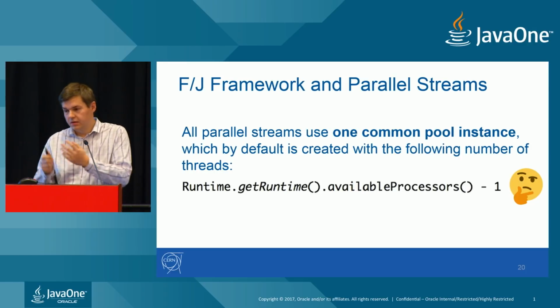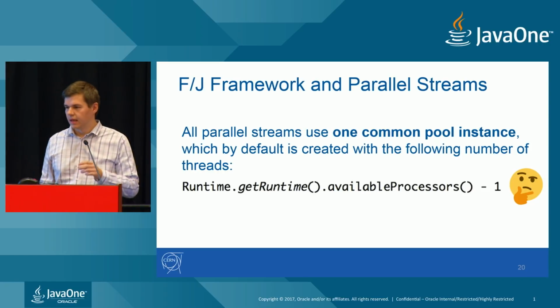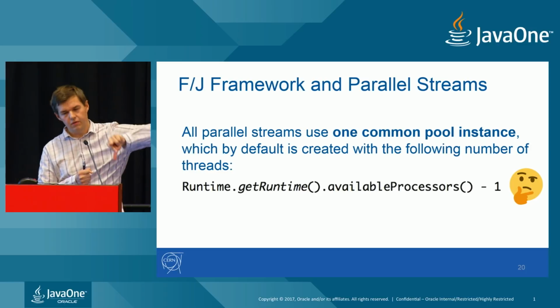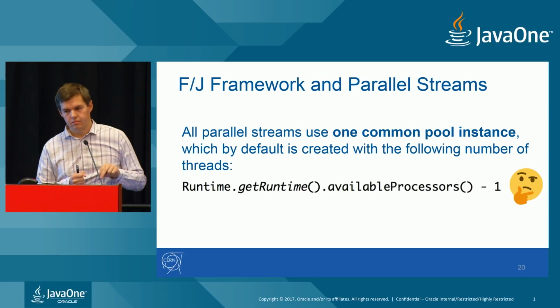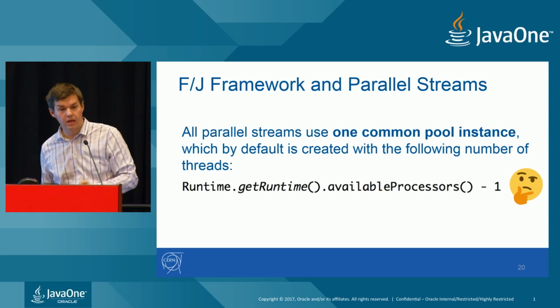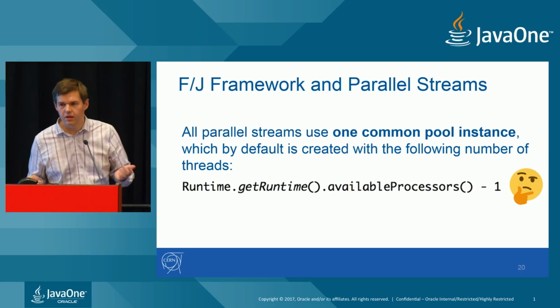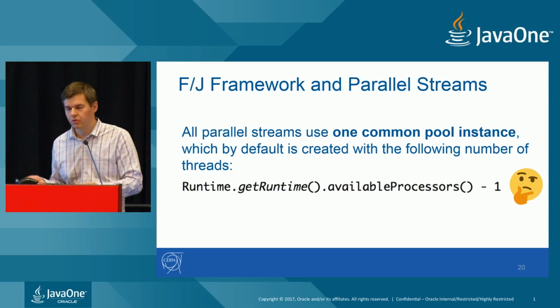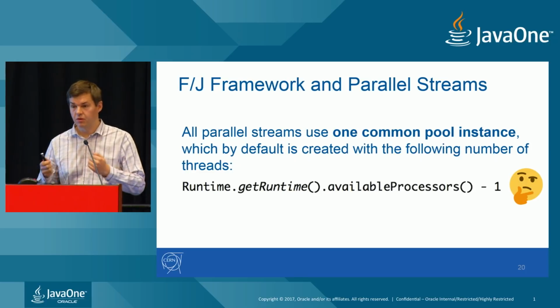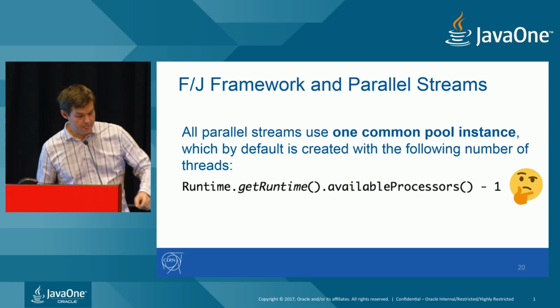The thing is that this is how the library is designed: the thread that submits the task to the fork join pool also becomes a worker. So at the end, it's minus 1 plus 1. Effectively, your common pool is going to work with as many threads as you have CPUs in your PC.